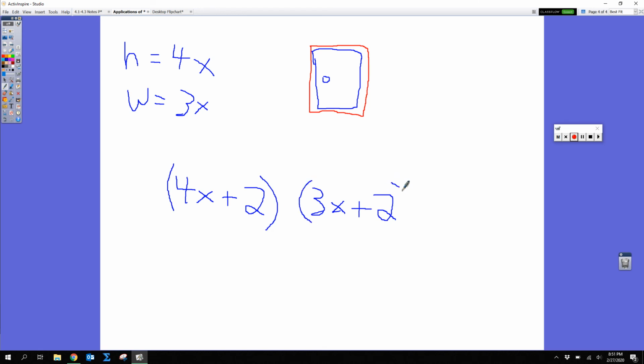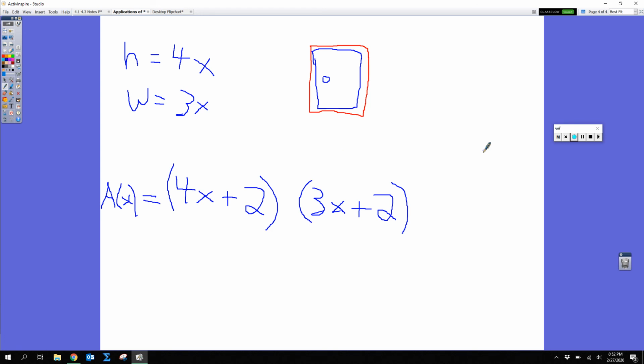So we put them in parentheses just so they stand out. And then it says write an area formula for them. Well, we know that for a rectangular shape, we're going to be multiplying these two quantities. And so just to make it more official, let's go ahead and say A for area. And we're doing this in terms of x. So A of x is equal to 4x plus 2 times 3x plus 2.